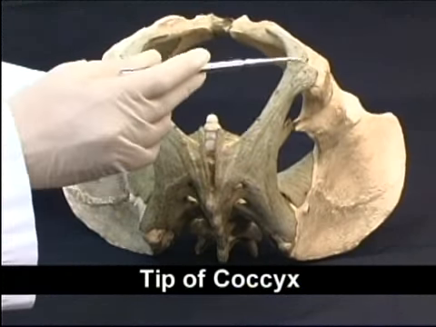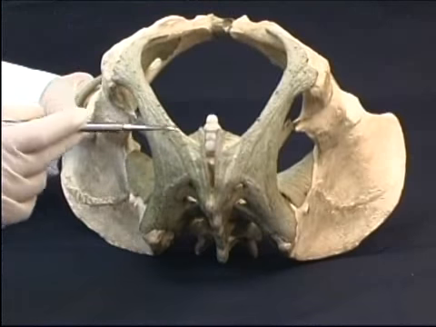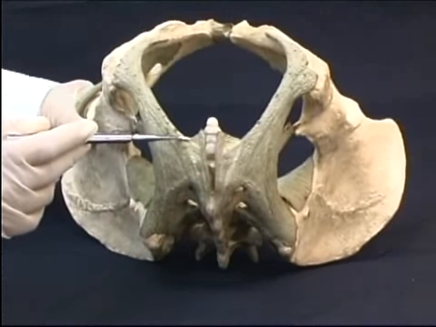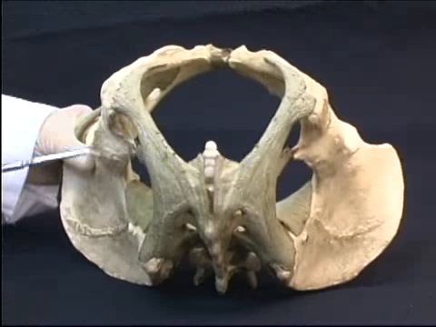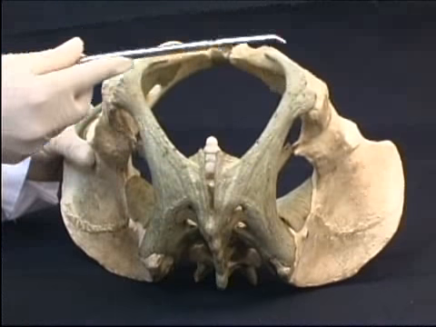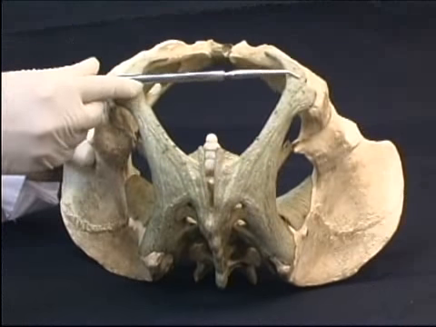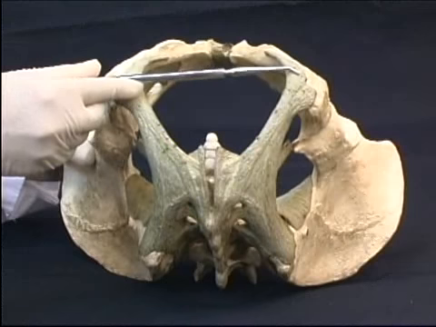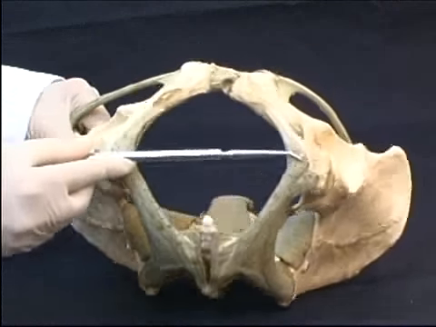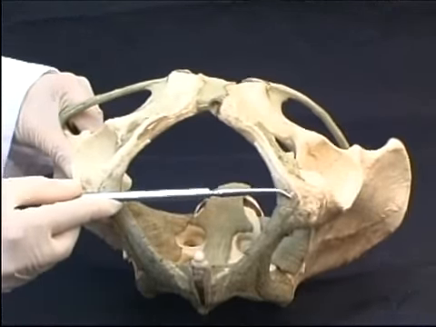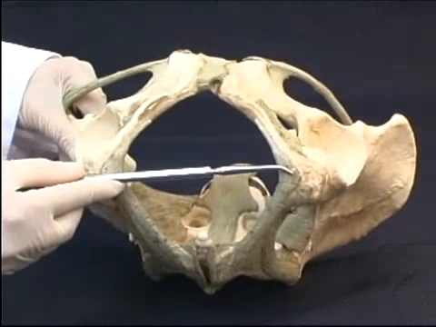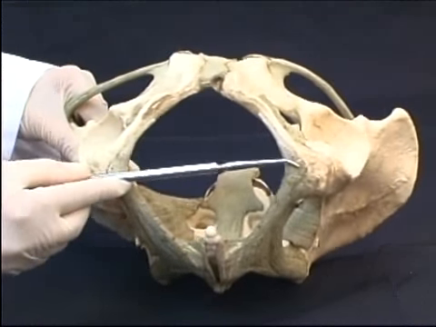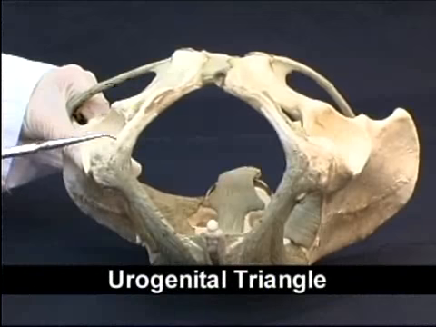This diamond-shaped area can be subdivided into two triangles by an imaginary line which passes through the two ischial tuberosities. The anterior triangle is called the Urogenital Triangle.